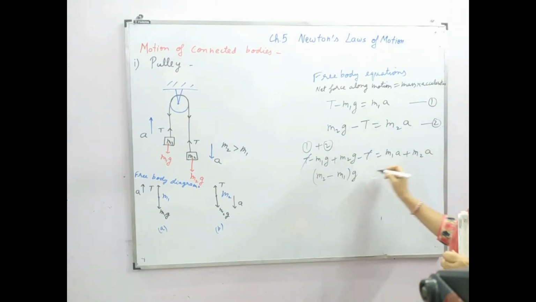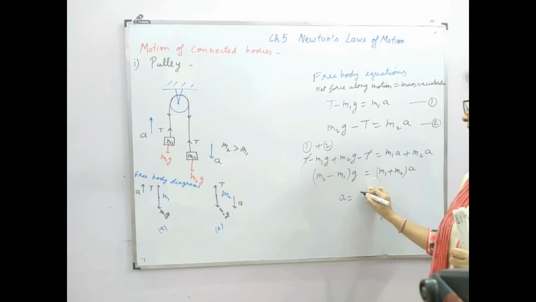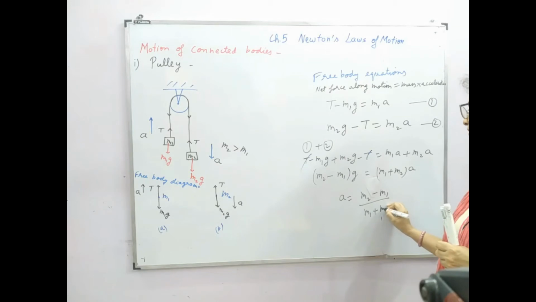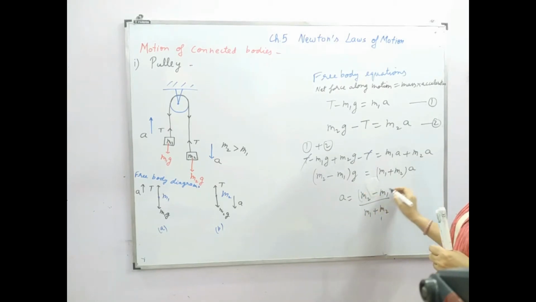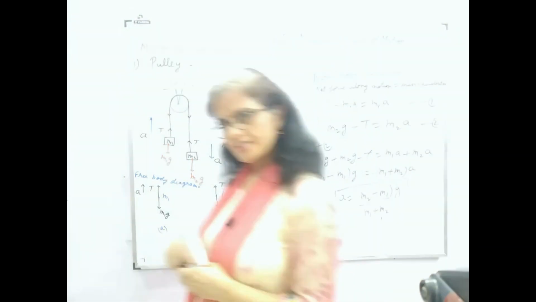Now from here I can take a common and I will get this. No problem, as simple as that. Now acceleration will be m2 minus m1 upon m1 plus m2, times g. So the difference of masses multiplied by the acceleration due to gravity upon the sum of the masses gives the acceleration.